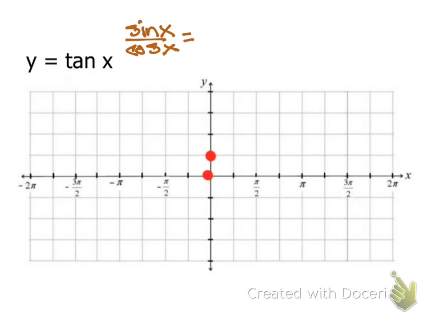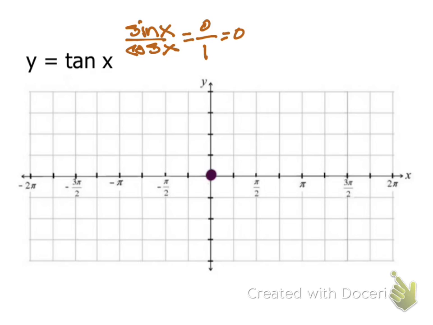So sine over cosine is giving me 0 over 1, which is 0. Tangent starts at 0 because of what we just went through, the sine over cosine.